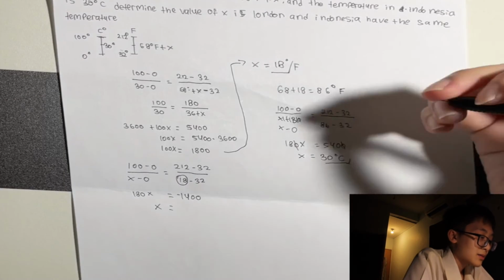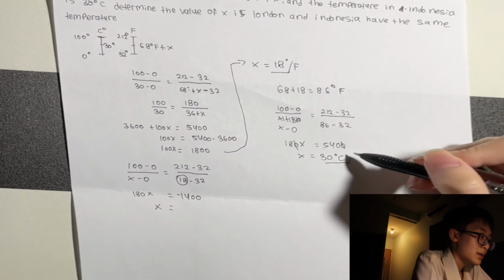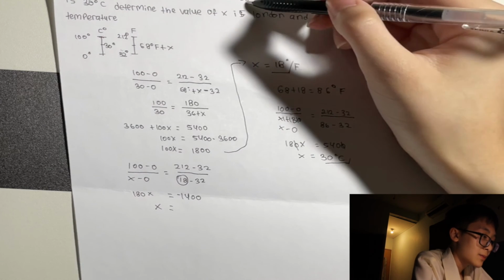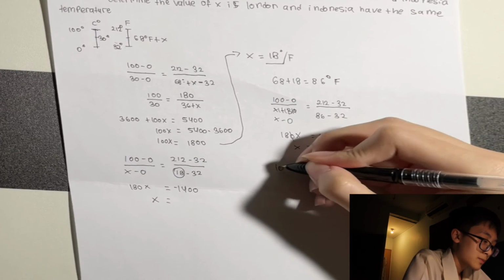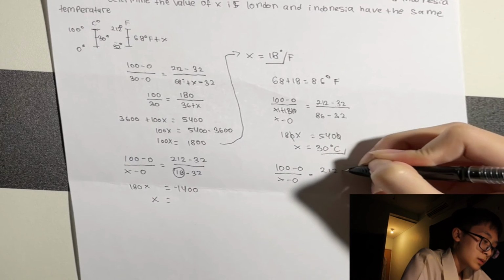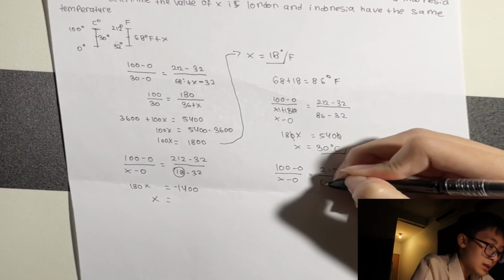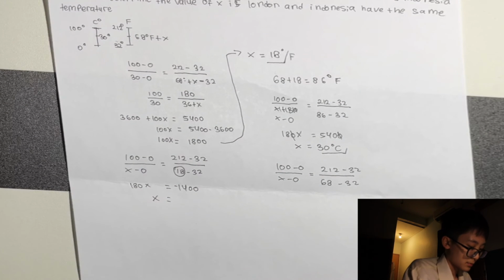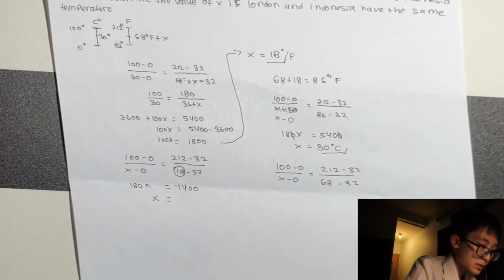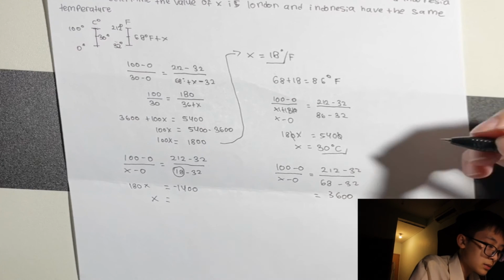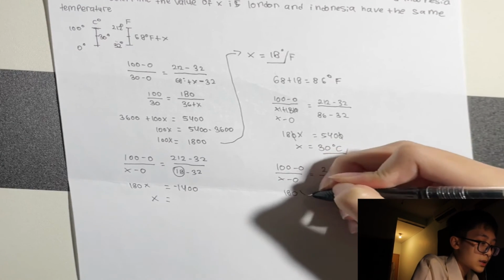Sorry, my bad. So if this one is 30 degrees, this one 30 degrees, our answer is correct. So if we change the 68 Fahrenheit to Celsius, let's just try that. 68 minus 32, this one becomes 3600, 180x.